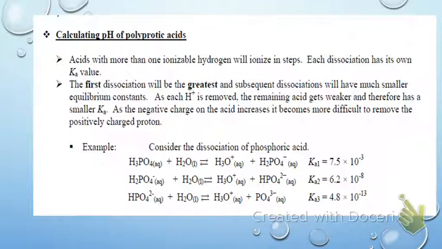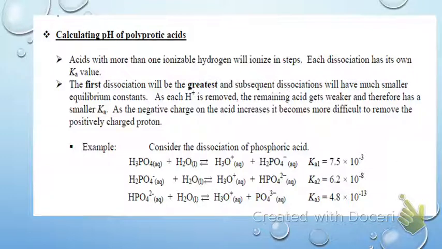So we show it like this: Ka1, which is the first dissociation, Ka2, which is the second, and Ka3, which is the third dissociation. And if you look at their numbers, you see that the last one is a much smaller Ka value, so it contributes a lot less to the pH than the first one.